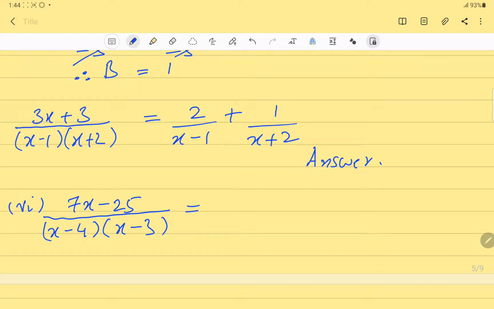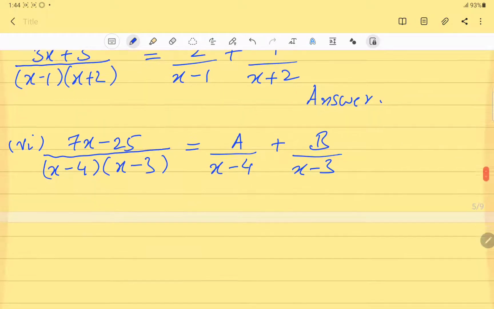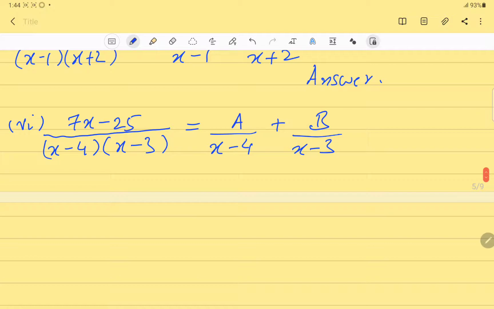The factors in the denominators are linear, so we simply have to introduce constant only in the numerator, so it will be a over x minus 4 plus b over x minus 3. We multiply both sides by x minus 4 into x minus 3.